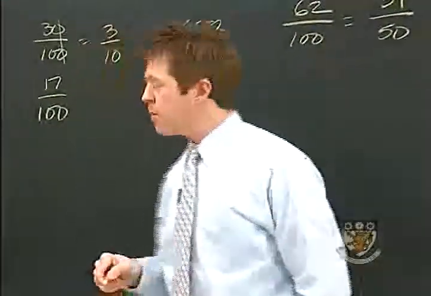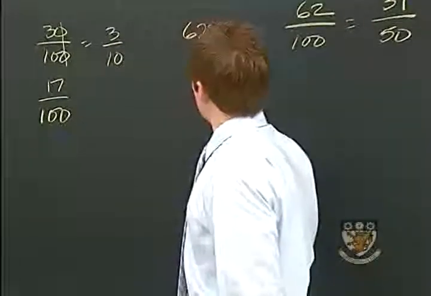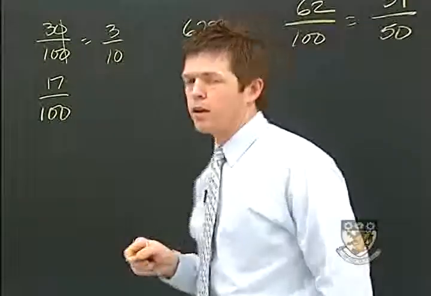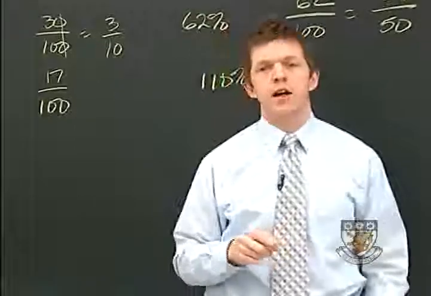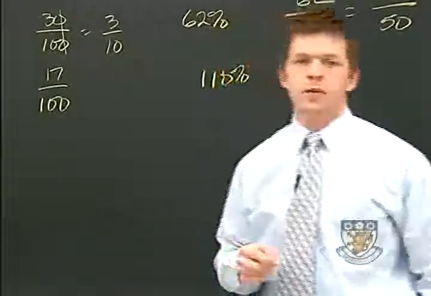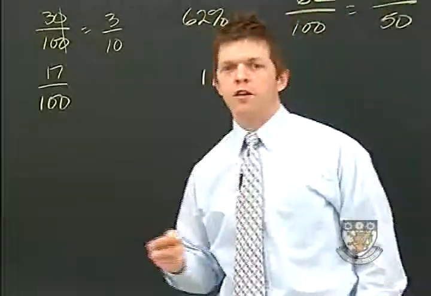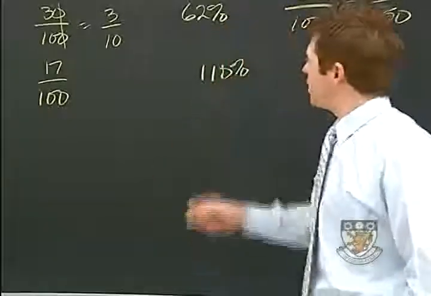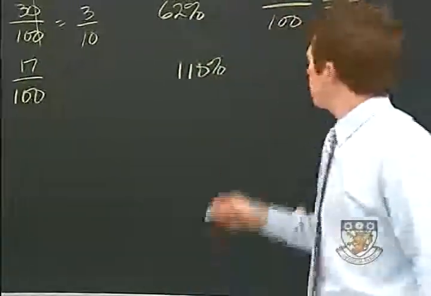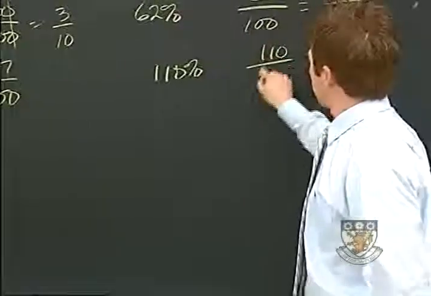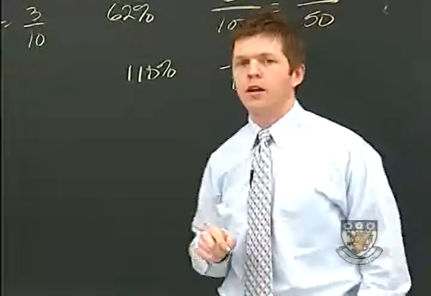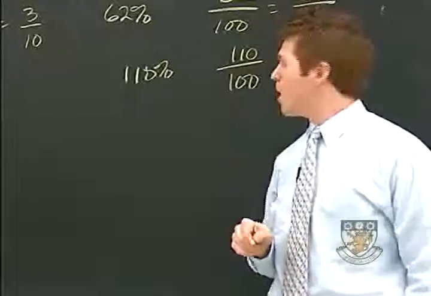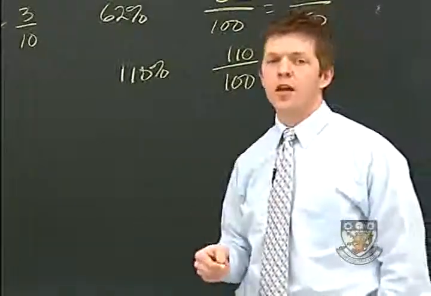You can also have numbers that are over 100%. You may hear people say, I give my all 110% of the time. Well, we know that's just an expression that people use. You really can't physically do that. But what that means is 110% means 110 out of 100. You don't change anything. The process is exactly the same.